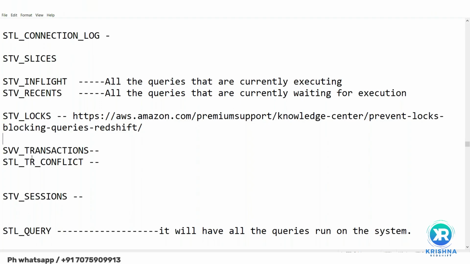Or if that job which is running for 10 hours is not a valid query, some useless queries sometimes will impact the system. Some people will run the queries and go. So yeah, it happens. If you work as a DBA, you will see many of these kinds of situations.